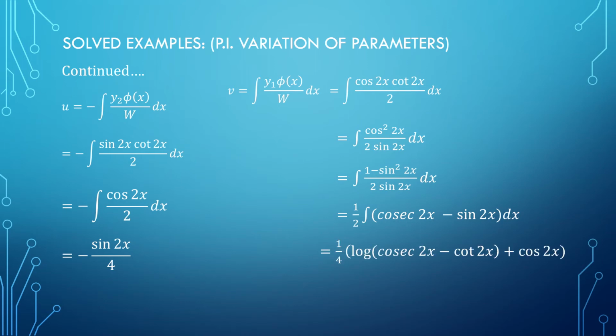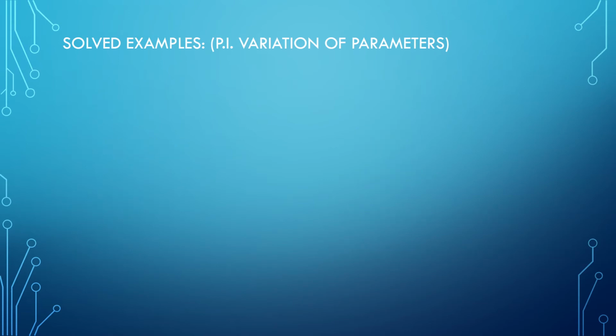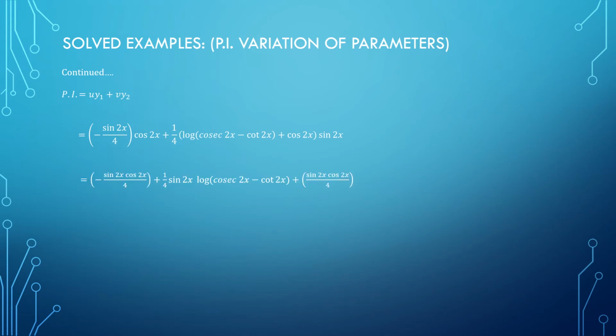After finding u and v, we have to specify the particular integral. So now for the particular integral, I can write expressions for u and v which I have obtained. If we observe closely, the first term and the last term are the same with opposite sign, so it will get cancelled.